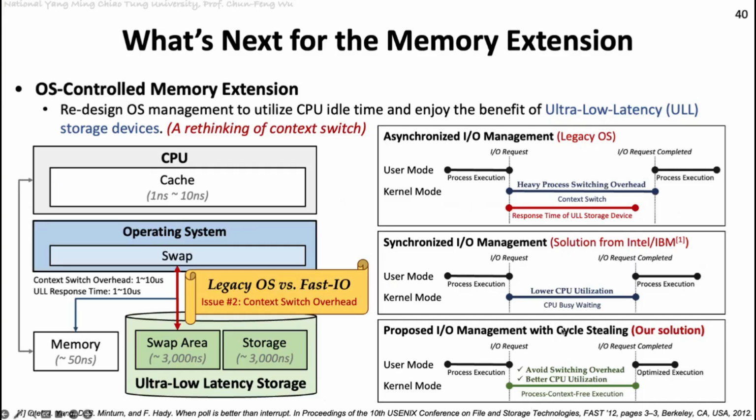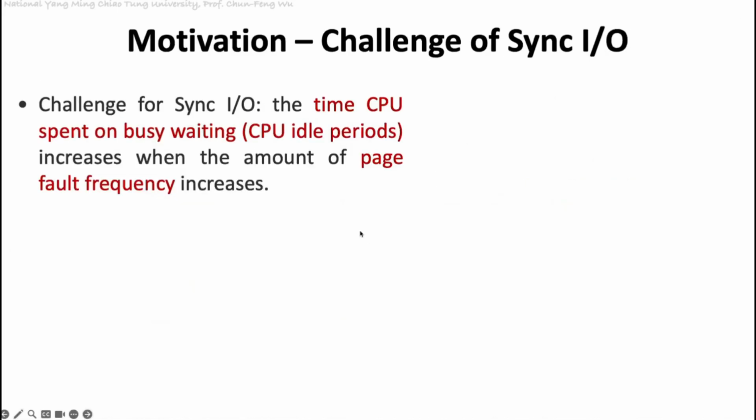We cannot run the process progress, because this process is waiting for the I/O, but we still can run some kernel threads. We still can run some kernel functions. But what kind of kernel functions are we going to run? This work is going to explain.